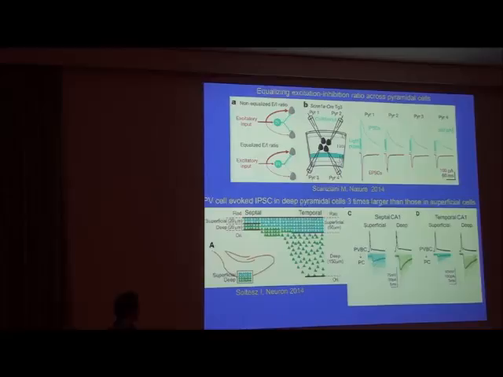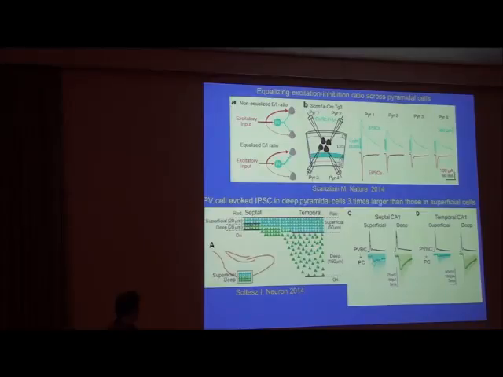That means some of the pyramidal cells receive larger inhibition, but some of the other pyramidal cells receive only small inhibition. And Ivan Soltesz also published a Neuron paper on the hippocampus, where there is a superficial layer and a deep layer of the pyramidal cell layers.